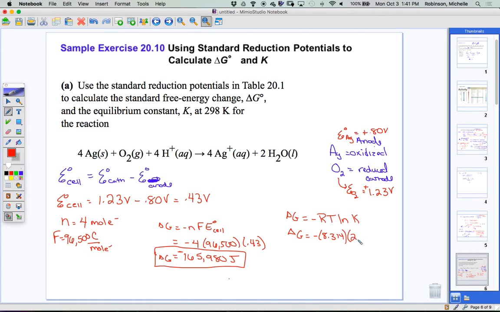What temperature? 298. Wait, is that the answer? Yes. That's the answer. Yes.